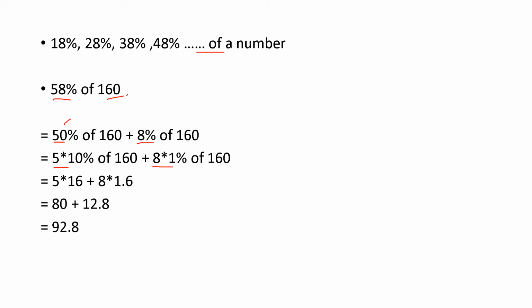So 10 percentage of 160 is 16. 1 percentage of 160 is 1.6. 16 into 5 and 1.6 into 8. You will get the answer. Add both. Next is 19, 29, 39, 49 and so on of a number.